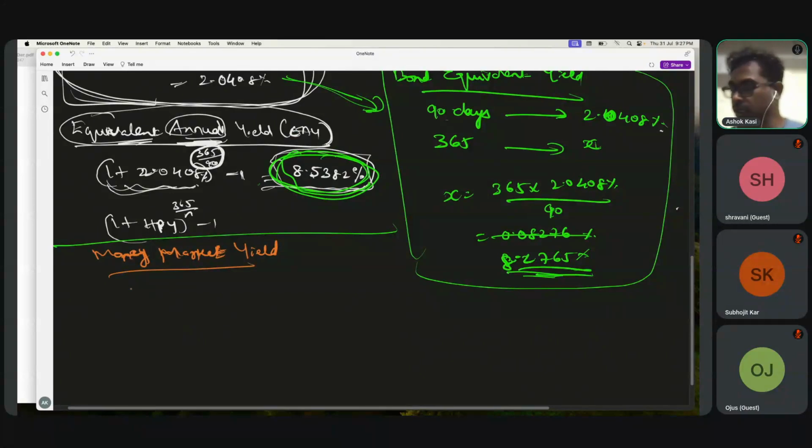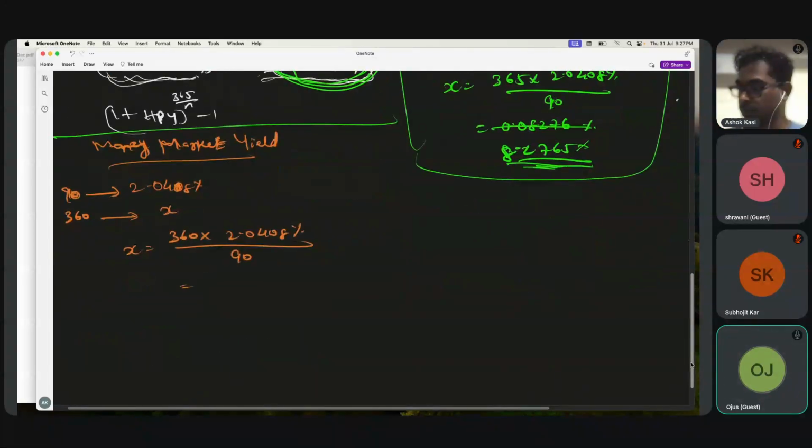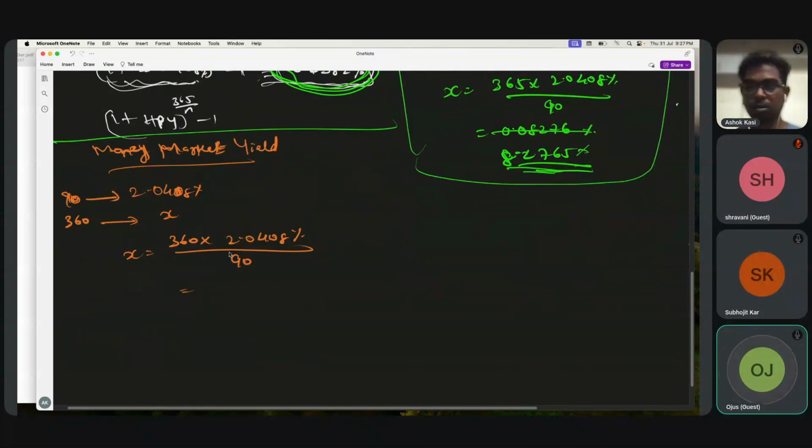In money market yield, again the base is this one only, 2.0408 percentage in 90 days. How much will it be for 360 days? In money market yield, we will calculate for 360 days. So 360 into 2.0408 percentage divided by 90. Calculate. 8.1632. Okay, this is money market yield.